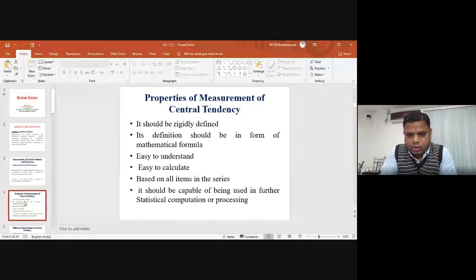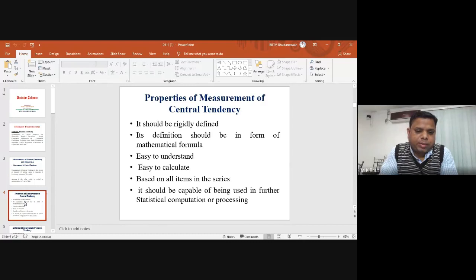Everybody, from top to bottom level, should find the formula easy to understand, and with the help of the number of data, whether observations or frequencies, it should be easily calculated.